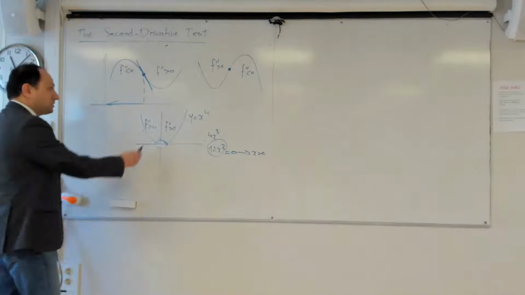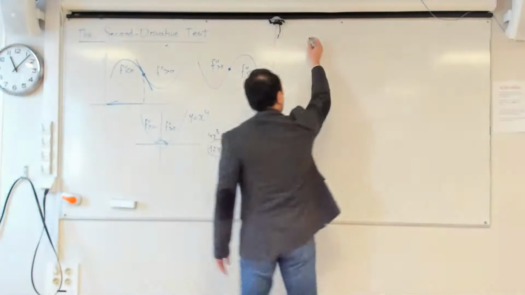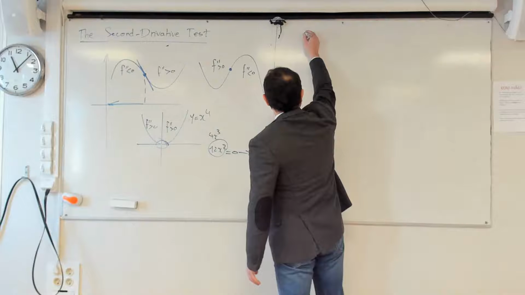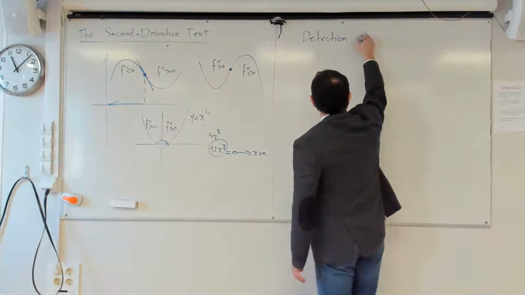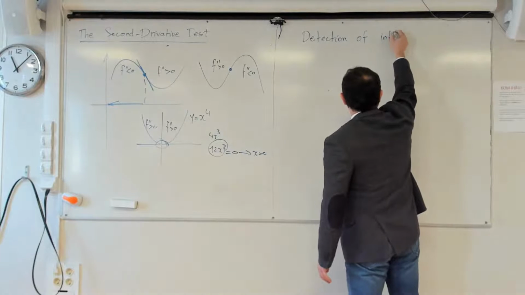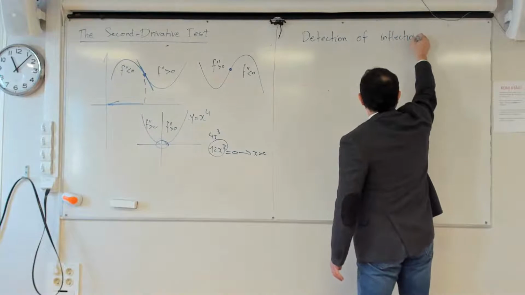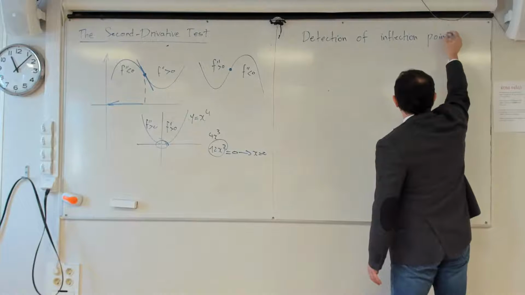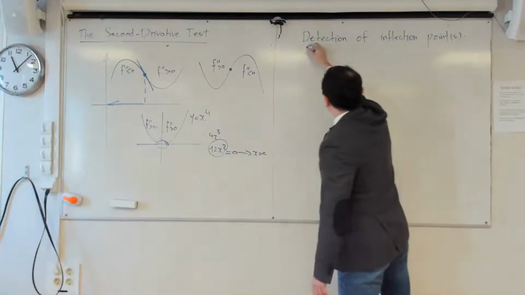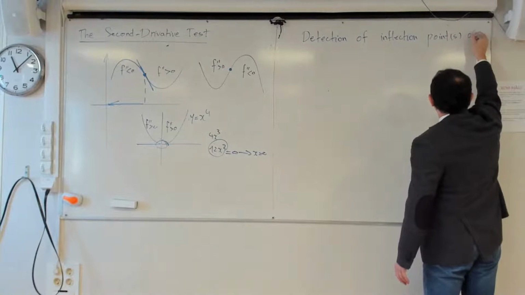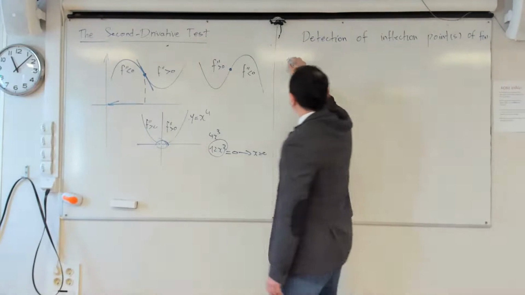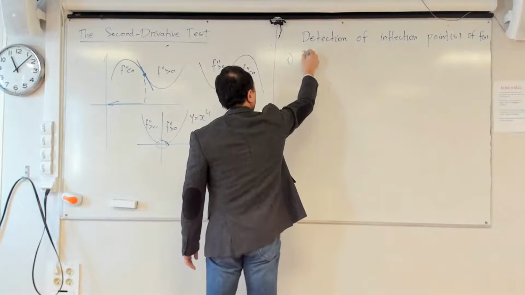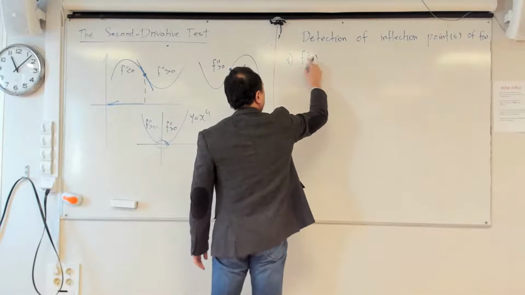So here, let us cook up an algorithm. Okay, so how should I write the title? Detection of inflection point or points of f. Okay, so what should I write first? Of course, I have to take f prime of x, yes?